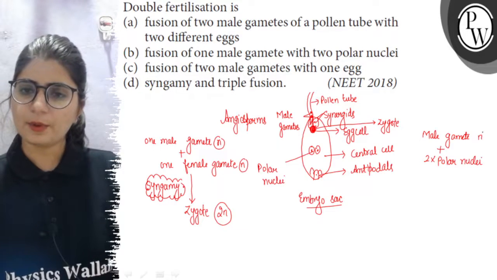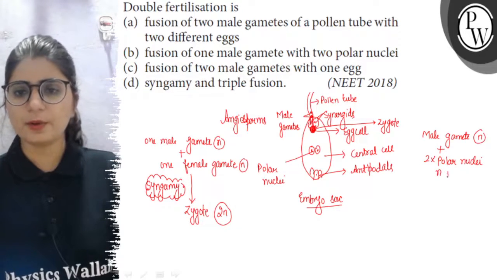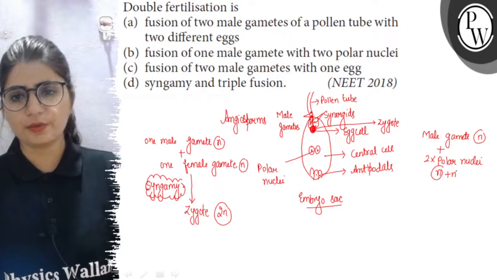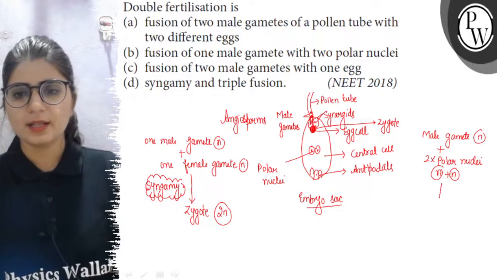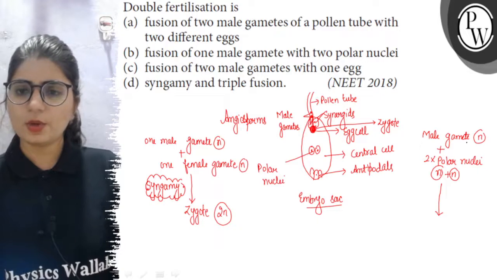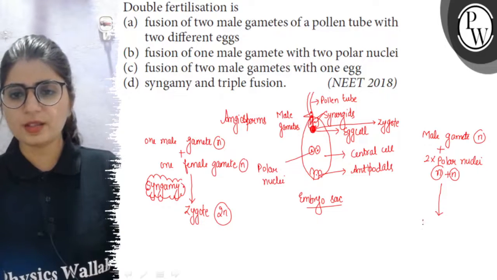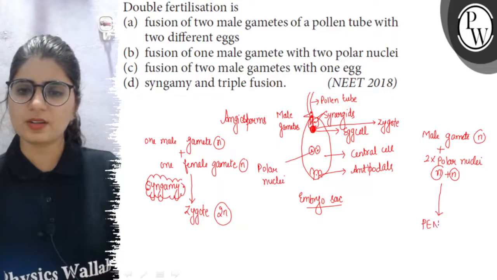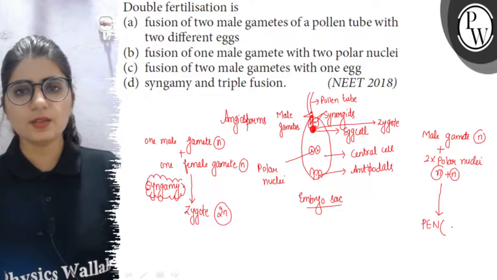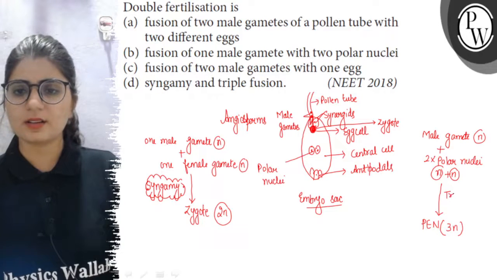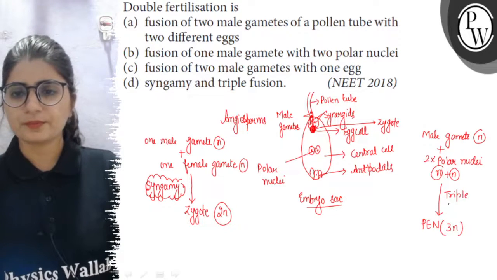These all are haploid. So the male gamete is haploid, polar nuclei are also haploid. So we will write it as n plus n. Now these three nuclei fuse together to form a triploid structure which is called PEN or primary endosperm nucleus, and this act of fusion of three nuclei together is called triple fusion.